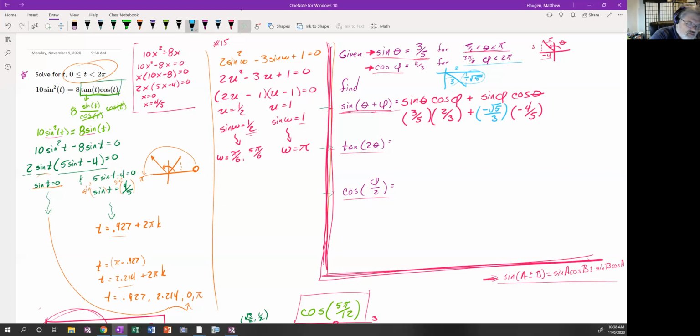We can bring them all together. 3/5 and 2/3 is going to be what, 6/15 plus 4 square root of 5 after all those negatives cancel out, over 15. So how about just 6 plus 4 square root of 5, over 15.